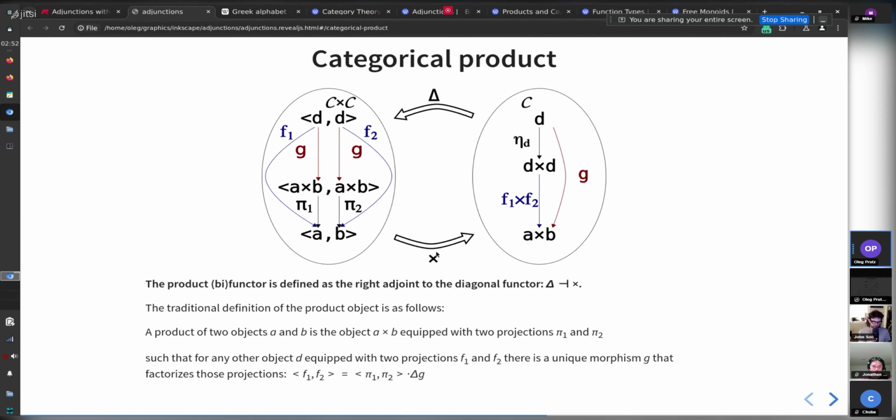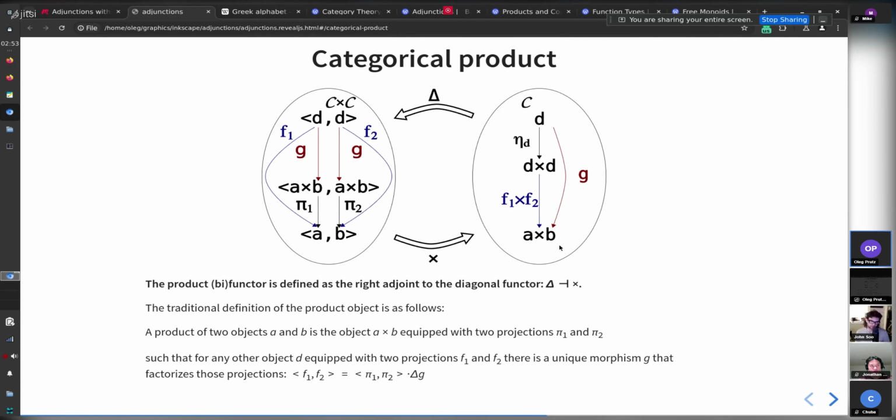If you are familiar with Milewski's Category Theory for Programmers, or a traditional definition of a product object from somewhere else, you know that a product needs to have two projections, and there has to be some sort of a ranking, and that ranking forms some sort of a chain, or a DAG or whatever, and the object that we use as the product is at the end of that chain.